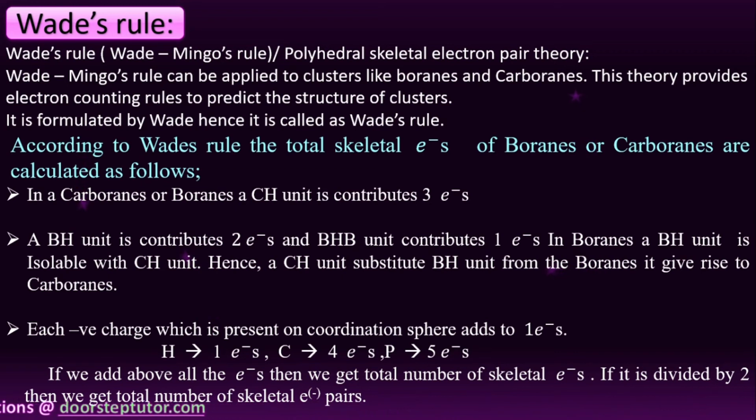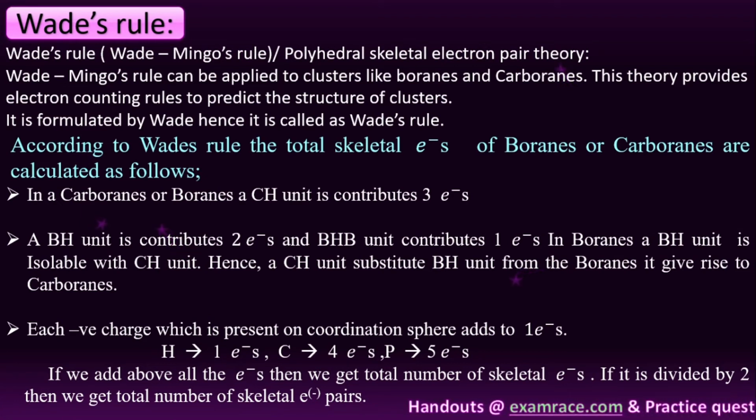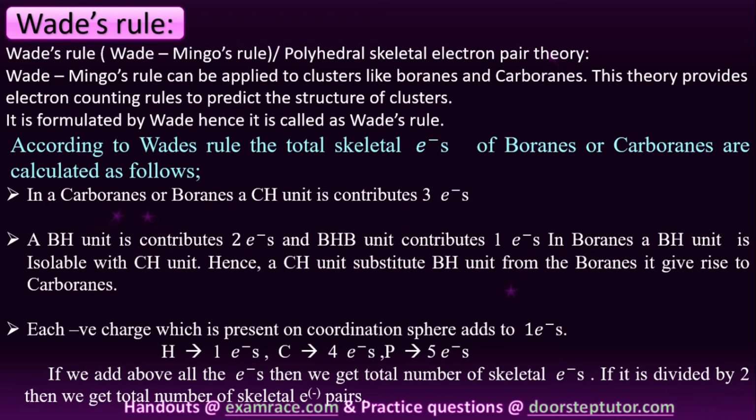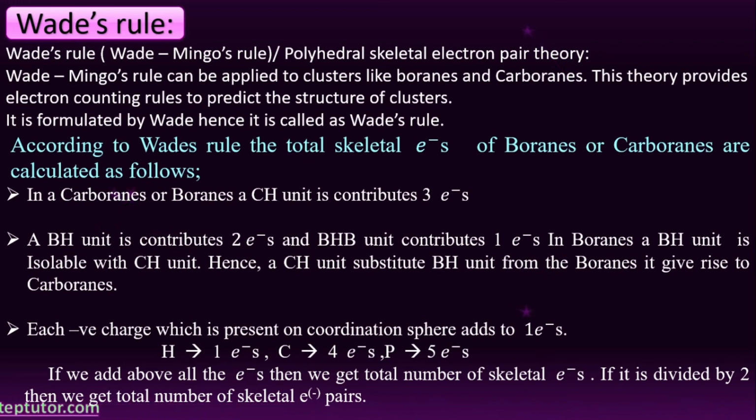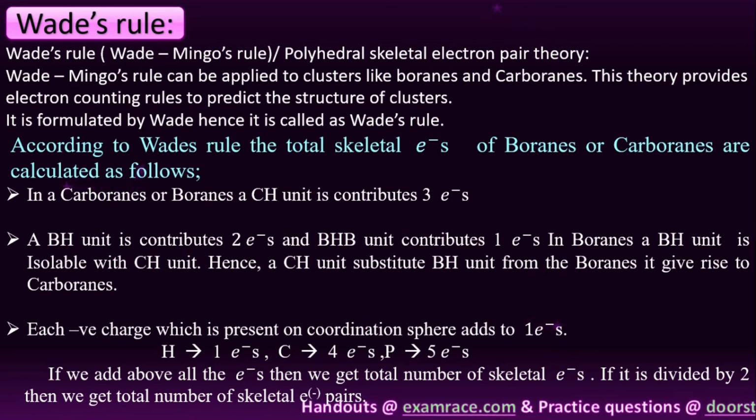Divided by 2, we get the total number of skeletal electron pairs. For example, if the total number of electrons is 14, divide by 2 to get the number of skeletal pairs. Based on this pair, by using a simple formula, you can know the structure of boranes and carboranes. Clear, student? Right. Next.